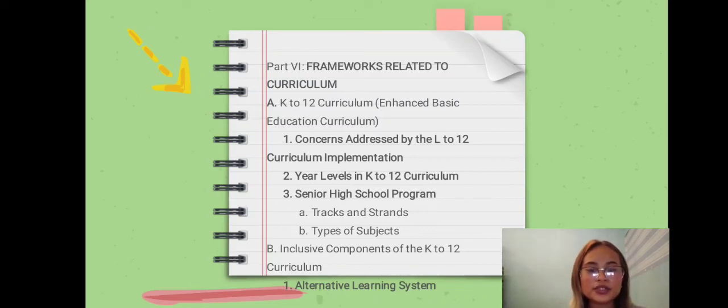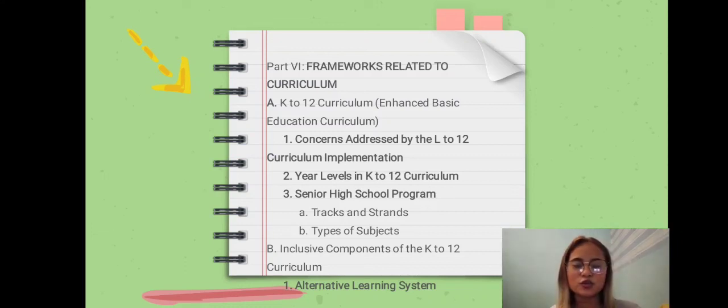Kindergarten, elementary grades 1 to 6, junior high school grades 7 to 8, exploratory TLE, junior high school grades 9 to 10, specialized TLE and C1, PQF level 1, senior high school grades 11 to 12 in C2, PQF level 2.